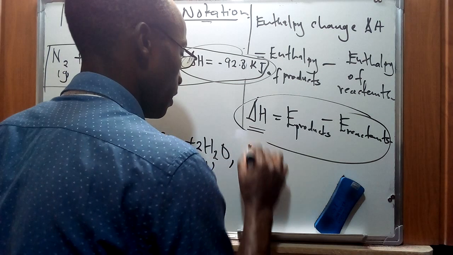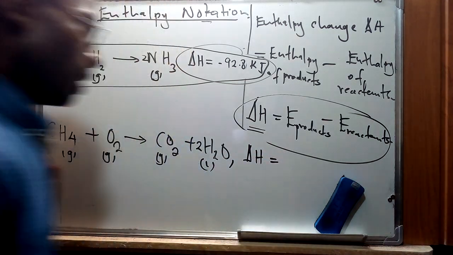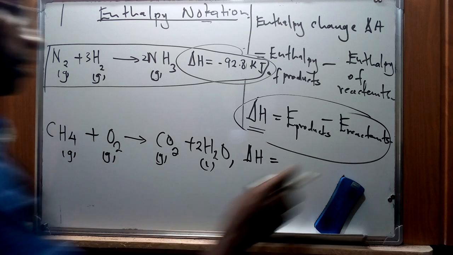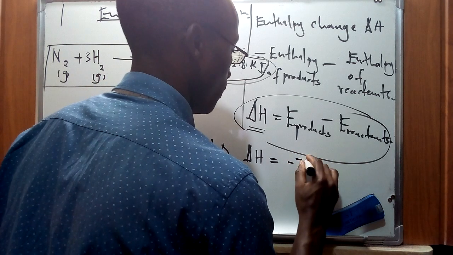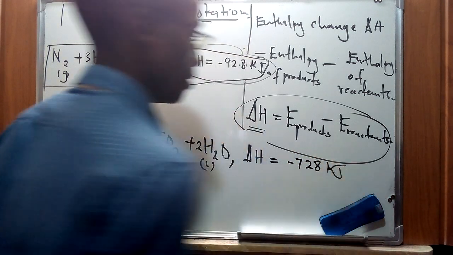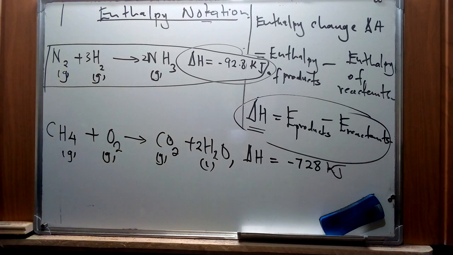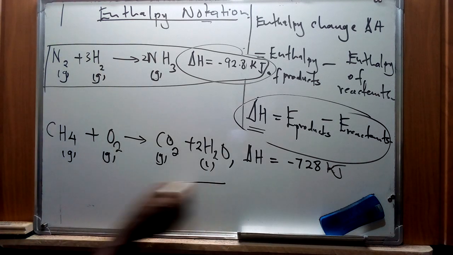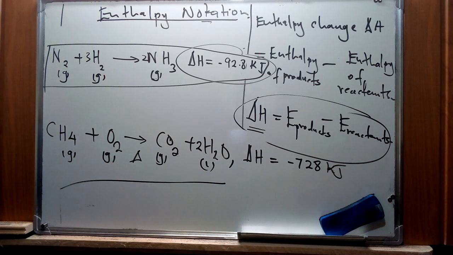So I'll put an enthalpy sign there to indicate the amount of heat that is involved. So this is 728 kilojoules. Basically that's the heat involved in this process of combustion of methane to carbon dioxide plus water. It's accompanied by this.